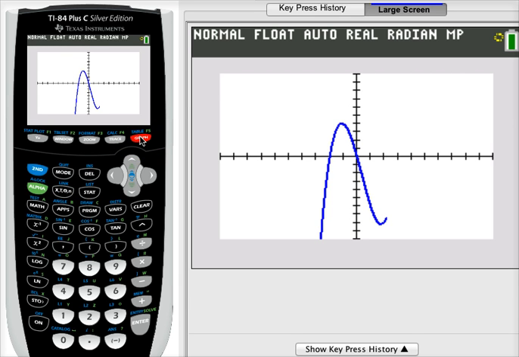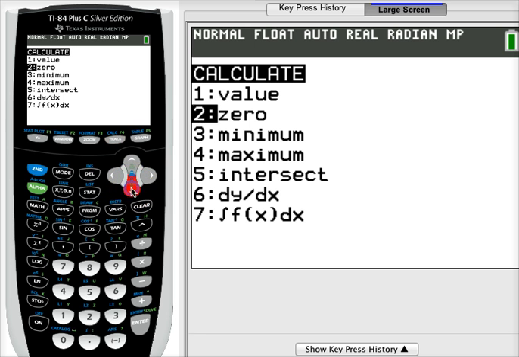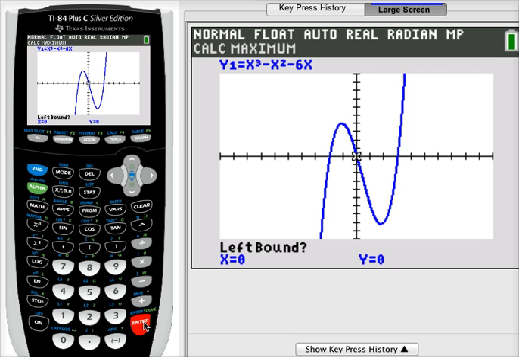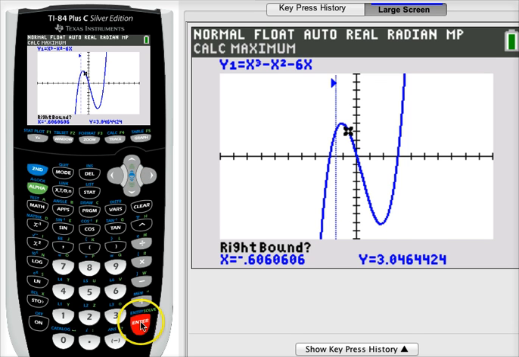Now remember, relative max and mins. So here I'm going to do that relative max first. So going to calculate, and I go to maximum. And just like what we've been doing today, it's asking me to start at the left of the relative maximum, then identify something to the right of the relative maximum, hit enter one more time.